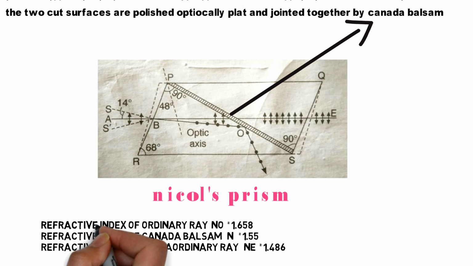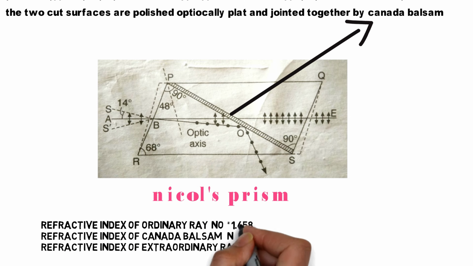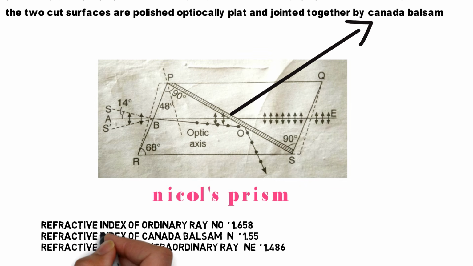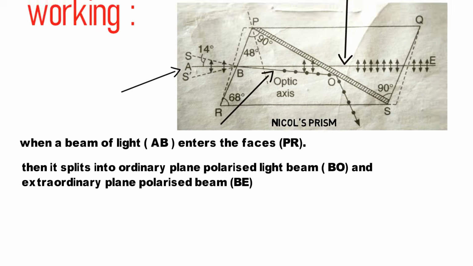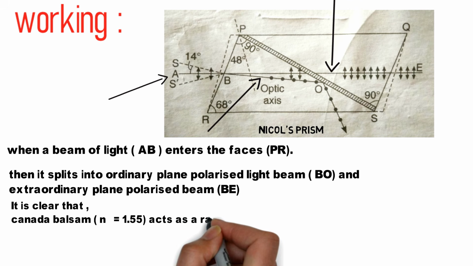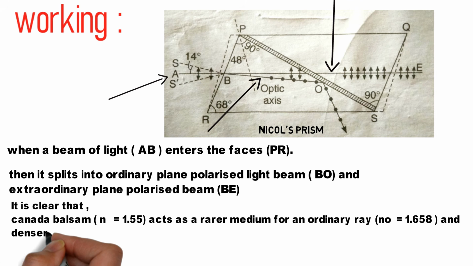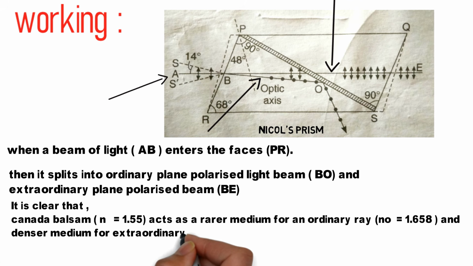Previously we discussed the refractive index of the ordinary ray, the refractive index of the Canada balsam, and the refractive index of the extraordinary ray. It is clear that Canada balsam acts as a rarer medium for an ordinary ray and a denser medium for an extraordinary ray.